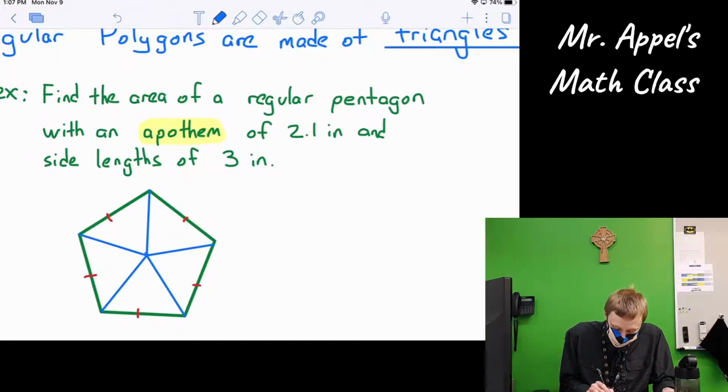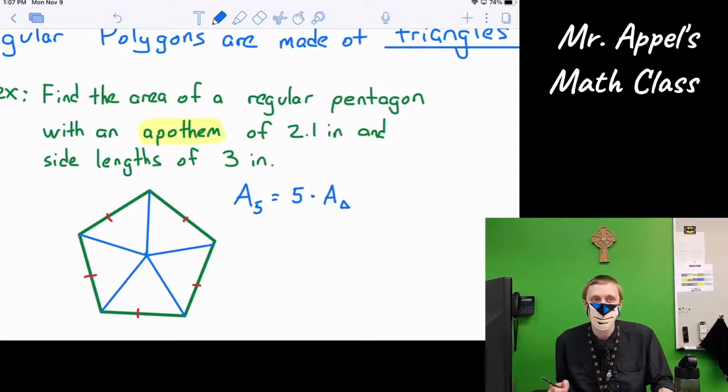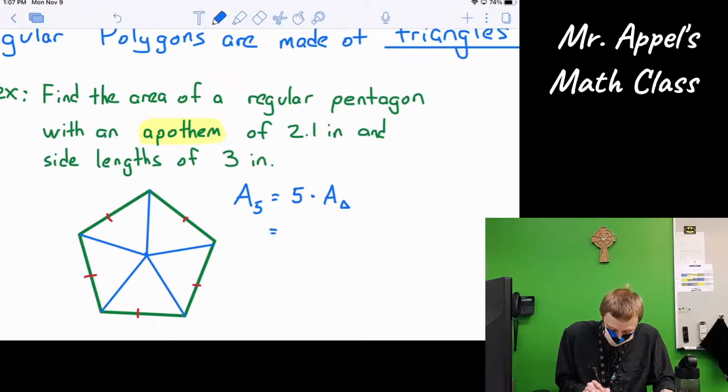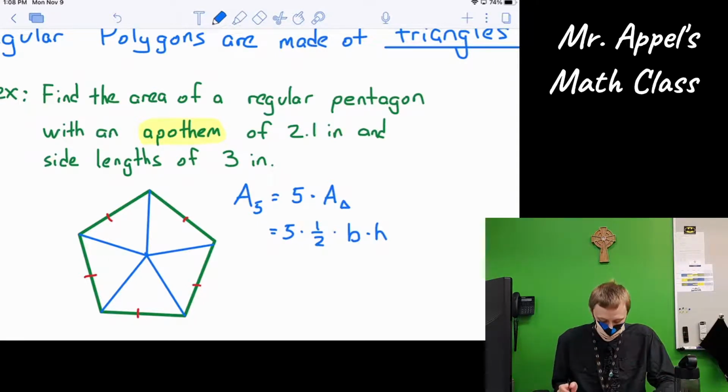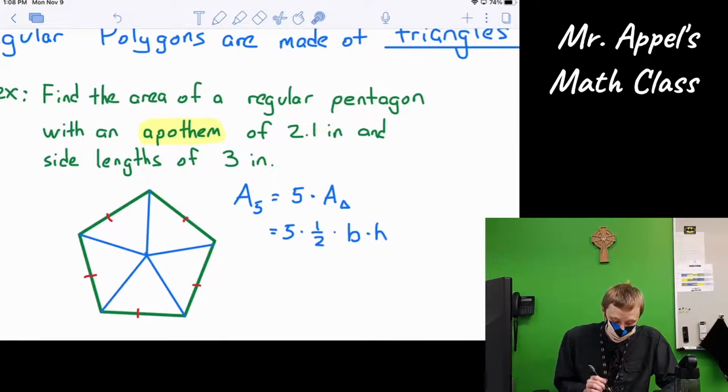So really, the area of my pentagon is just 5 times the area of the triangle, right? And that triangle is 1/2 a base times a height. So now I just need to figure out which one's base and height of the triangle.